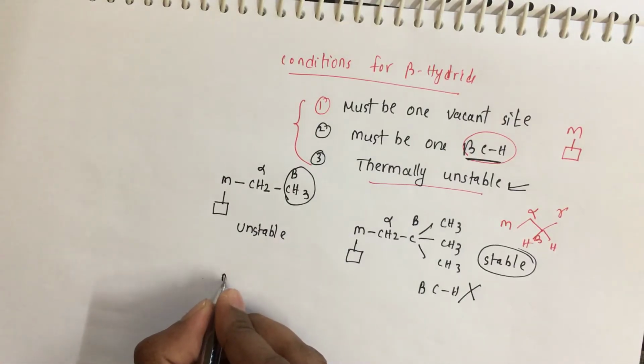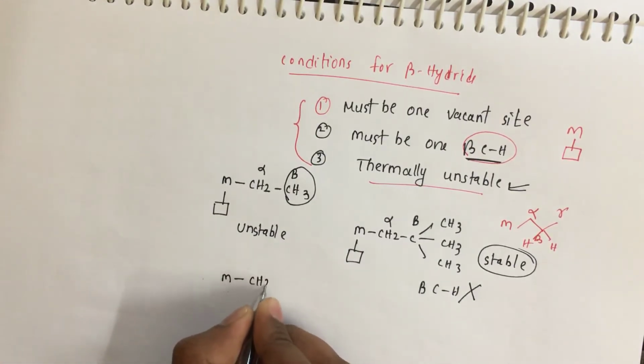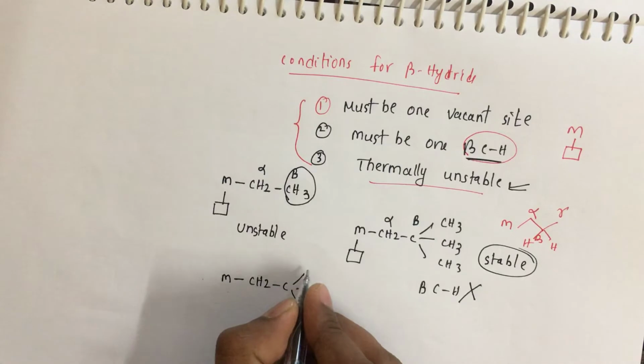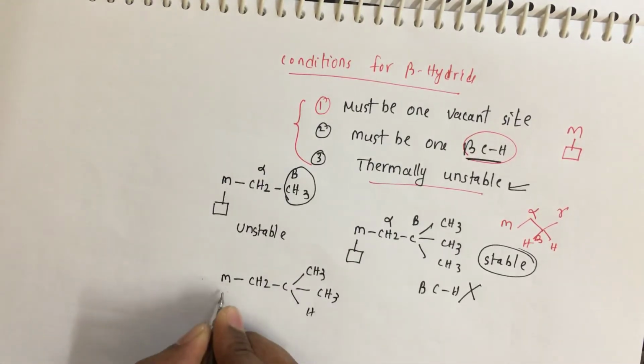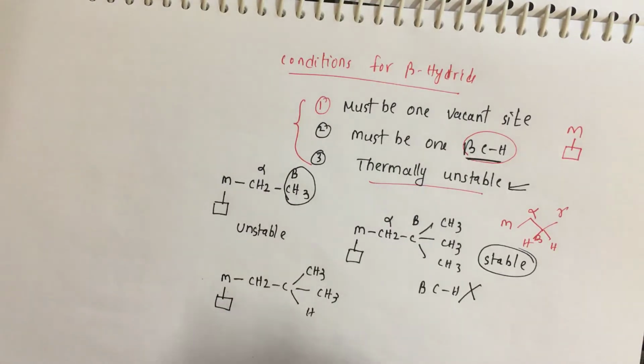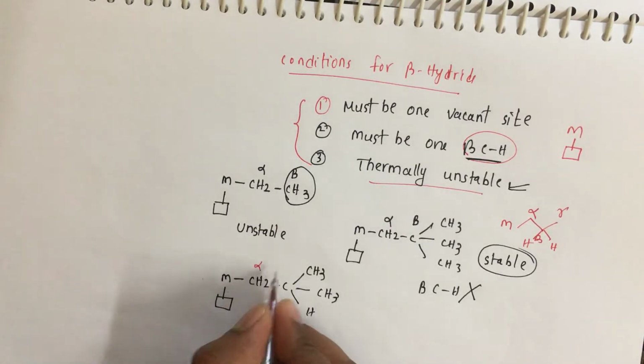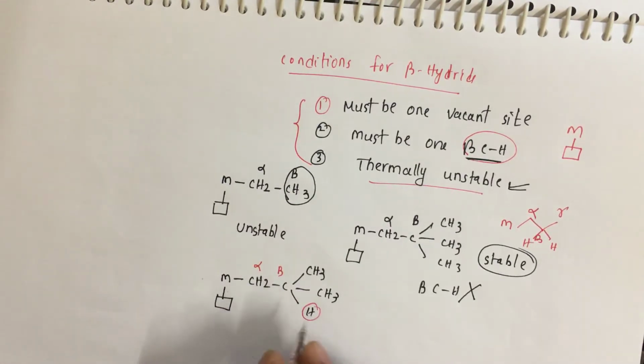And then we have a compound like this, CH3, CH3, H. Here this is alpha and this is beta, so we have one beta hydrogen, and this is also unstable.